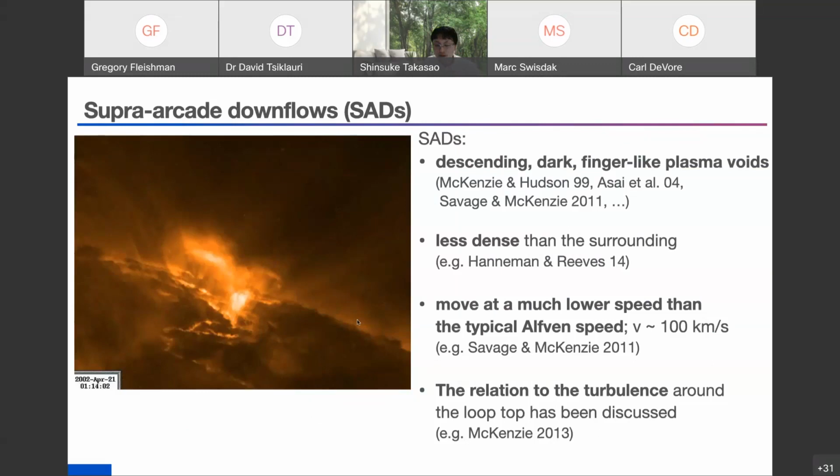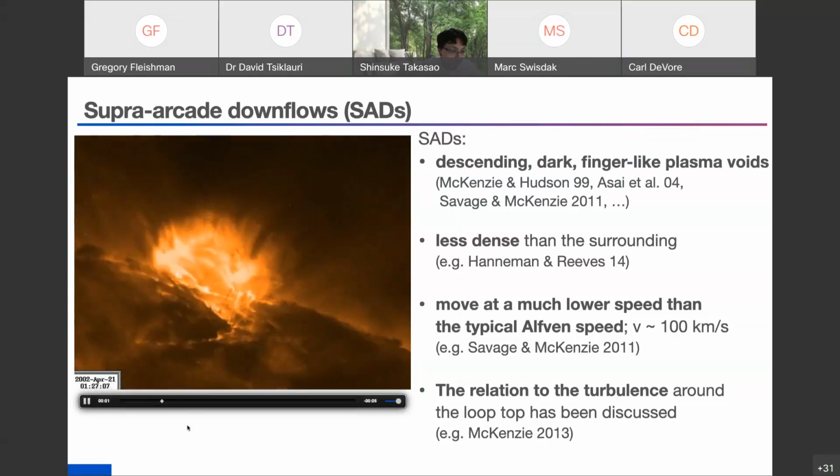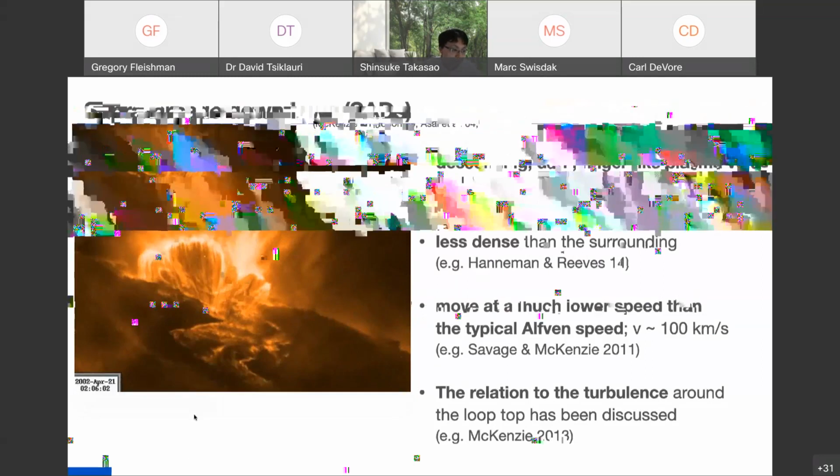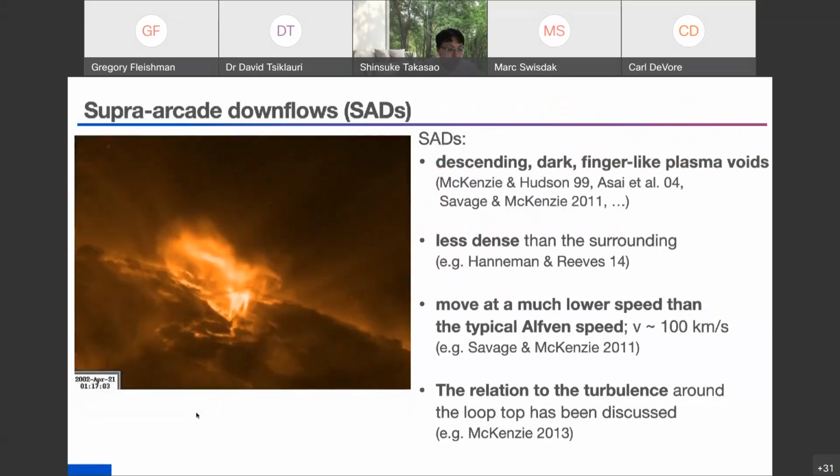The observations also show other signatures for turbulence. They are called supra-arcade downflows, or SADs. This is an EUV movie. Maybe many of you have seen this movie before.